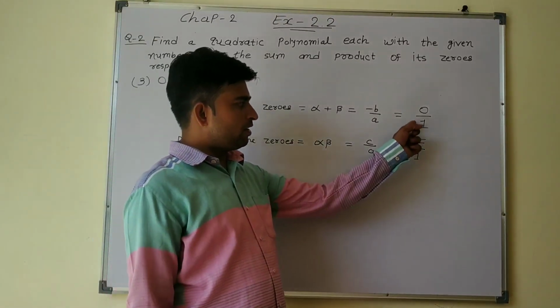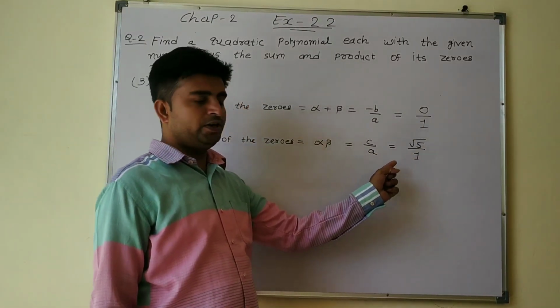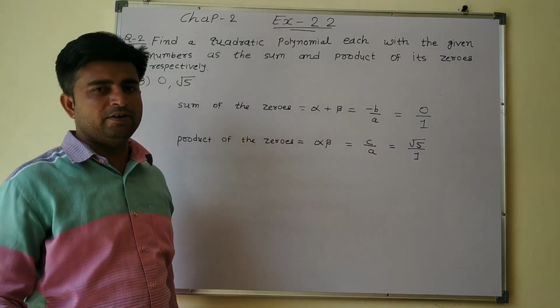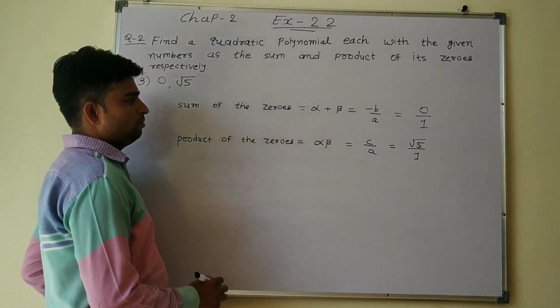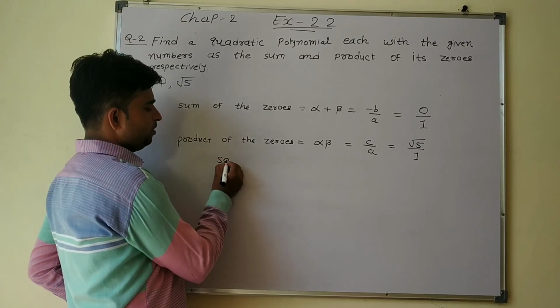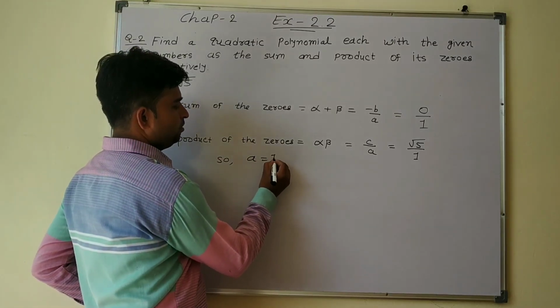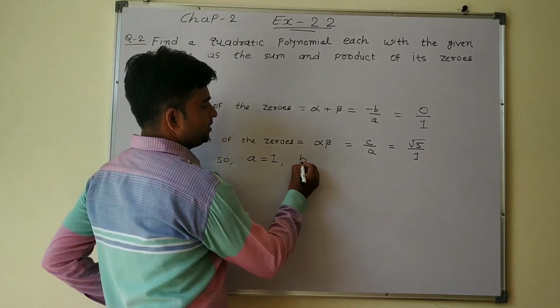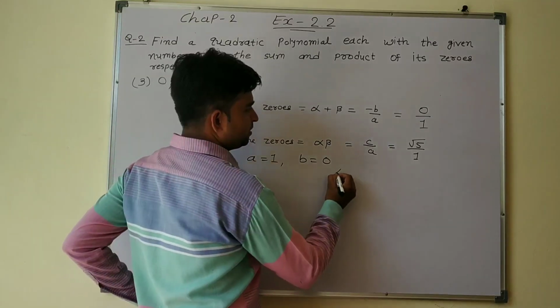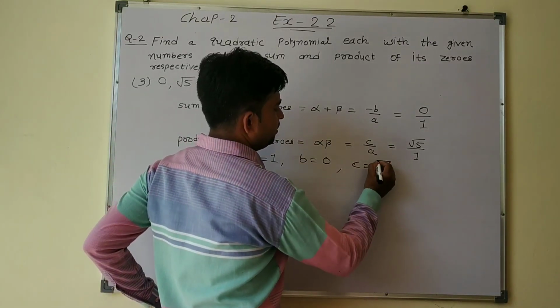Now here the denominators are already equal, so we don't require to multiply with another number. So by comparing this, we get the value of a, b, c. A is equal to 1, b is equal to 0 and c is equal to under root 5.